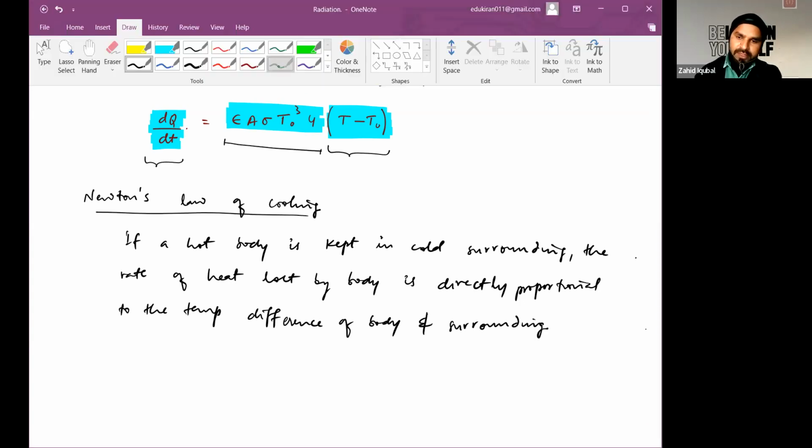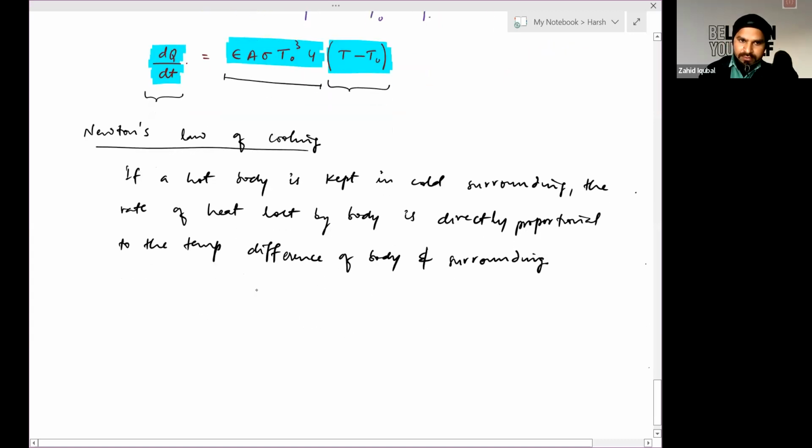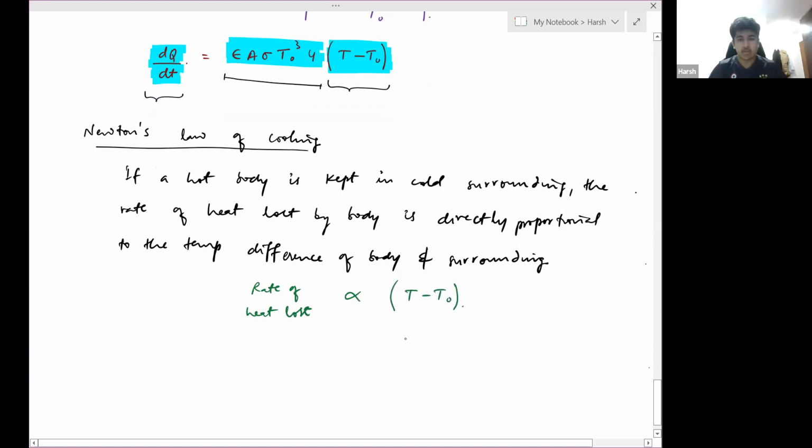So according to the above relation, we may write the rate of heat lost is directly proportional to the temperature difference of body and surroundings. Since this heat is being lost into the surrounding, it will be negative.